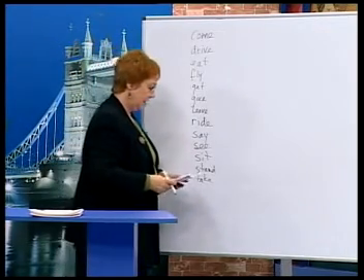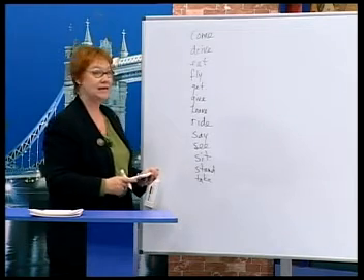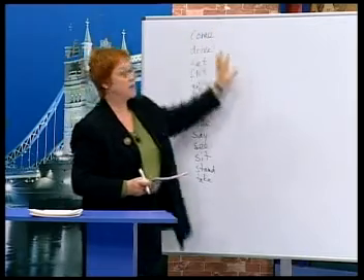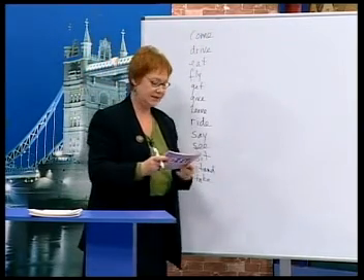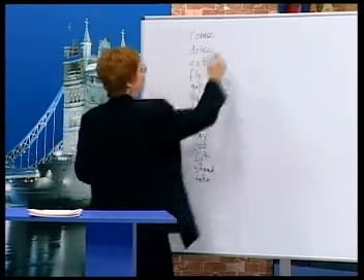Okay? Now, let's look at the past tense of these verbs. First I'll write them on the board, and then you'll look at the screen and we'll look at some sentences. So we have come, came.